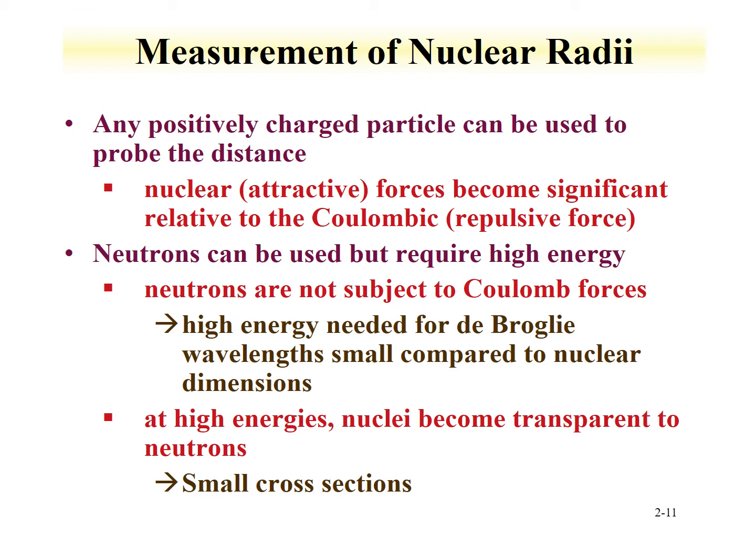So the cross-section, which we'll describe later, and which we talked about in terms of the chart of the nuclides, the probability of a reaction of a neutron with the nucleus to obtain this measurement is small. So really, measuring nuclei is best done with positively charged particles.